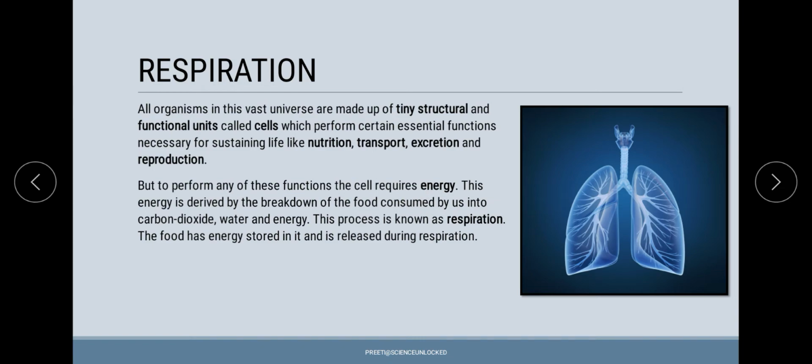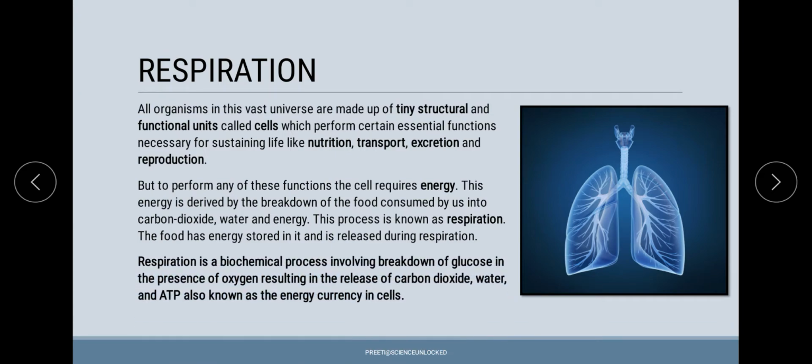The process in which we produce this energy is called respiration, and because this process goes on inside the cells and makes a whole sequential process, it is considered cellular respiration as well.